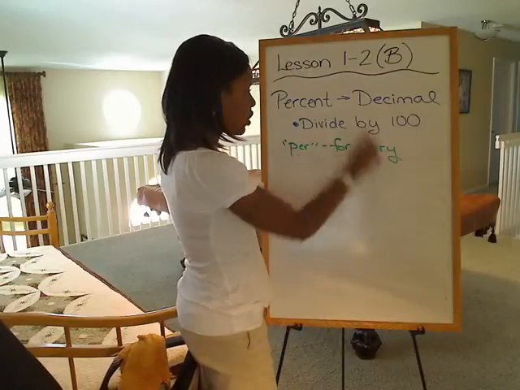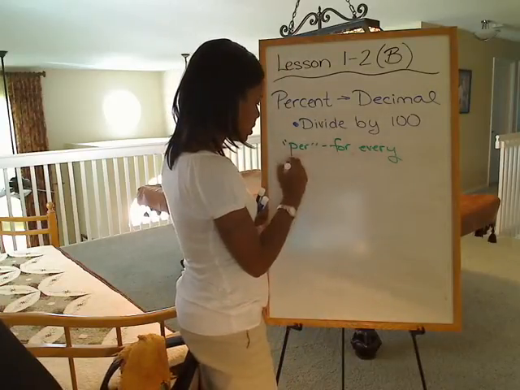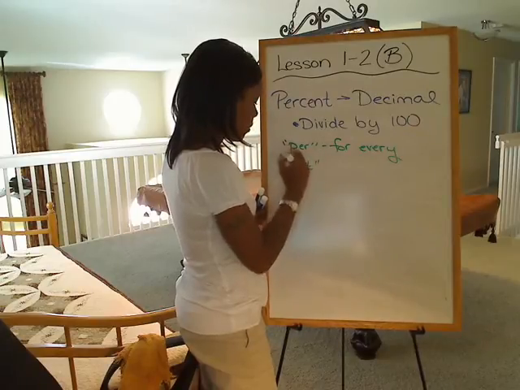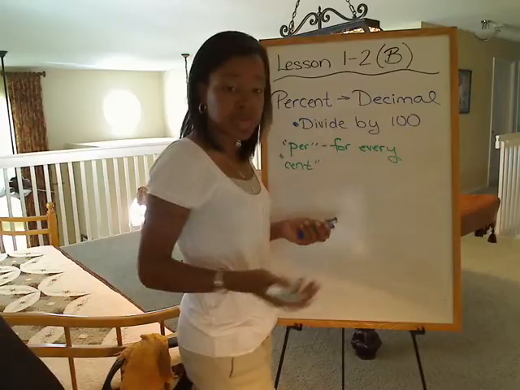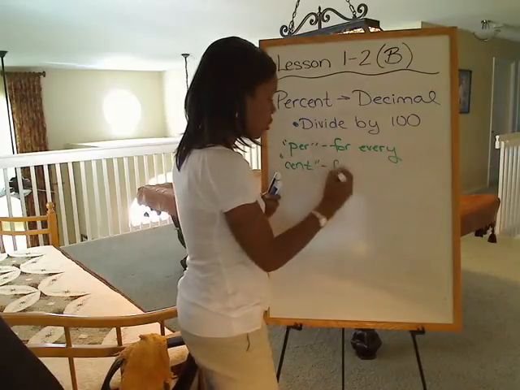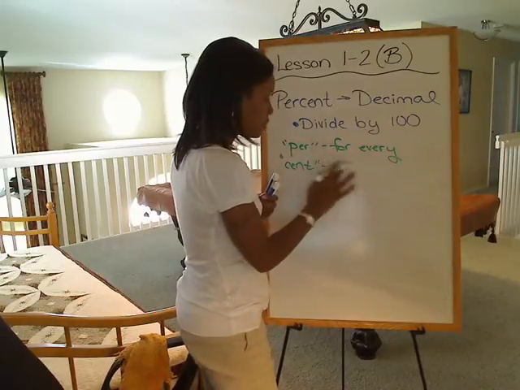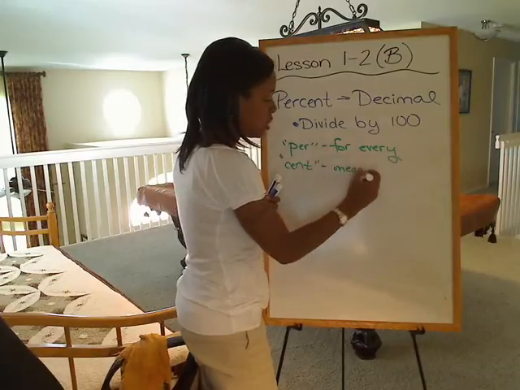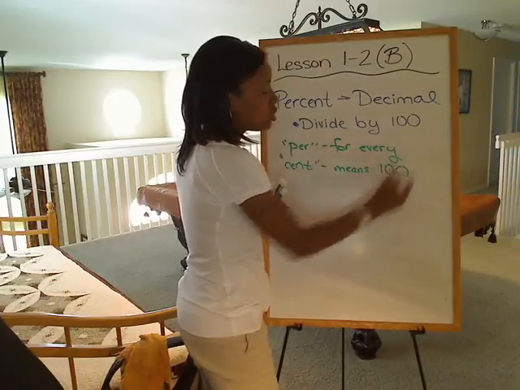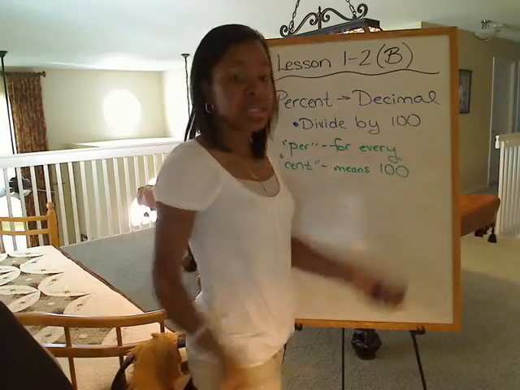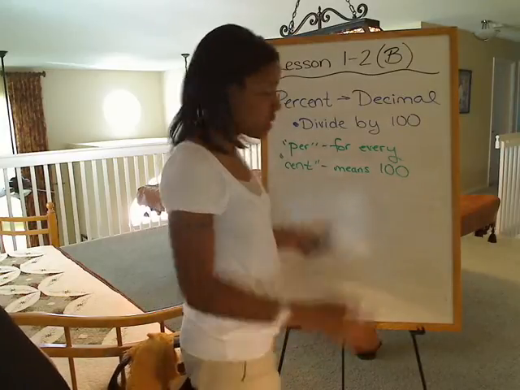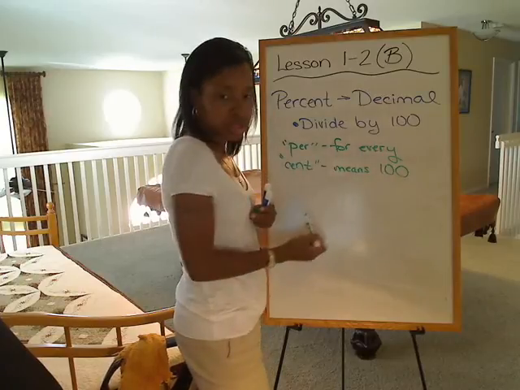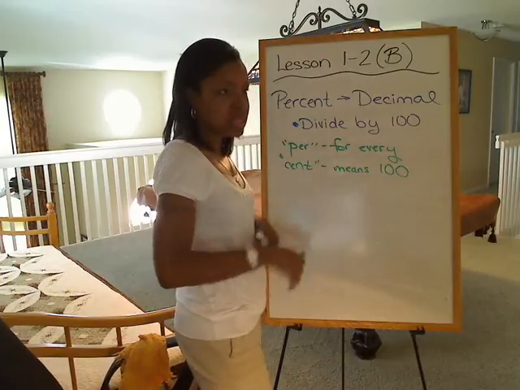So per means for every, and cent, C-E-N-T, is like a prefix, or in this case a suffix, for 100. Like a century is 100 years. A centipede has 100 legs. So percent means for every 100. That's what the word percent means.